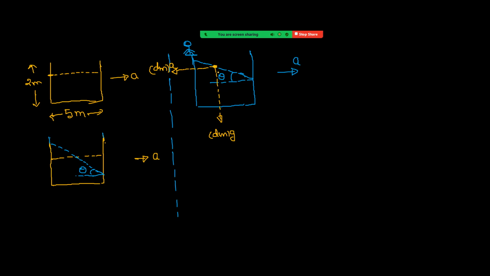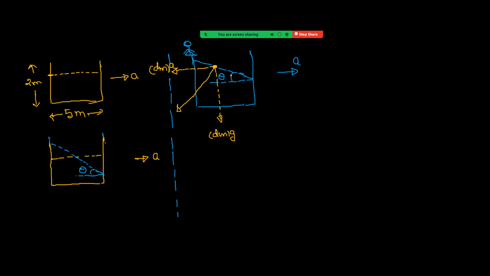I am repeating. If there is any force along the free surface, then the liquid flows. But the condition is now it is at rest. It is a static condition. So whenever liquid is at rest in static condition, the net force will be normal to the free surface. Therefore, the resultant of these two will be normal to the free surface.